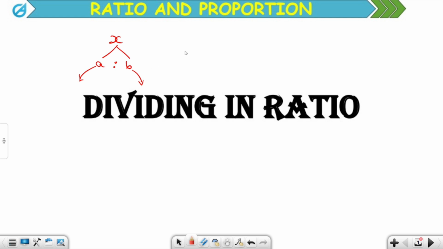Suppose they are asking to find the value of a. What you have to do is a divided by the sum of the two ratios, which is a plus b, multiplied by x. Suppose they give another number x and ask you to divide it in the ratio a is to b is to c, and they ask for the third part, that is c.